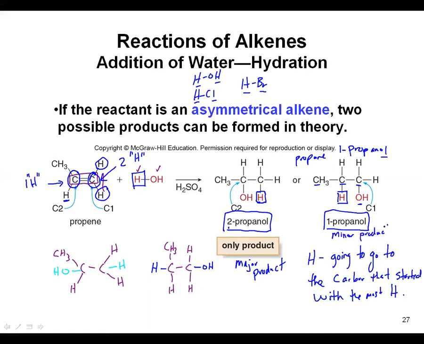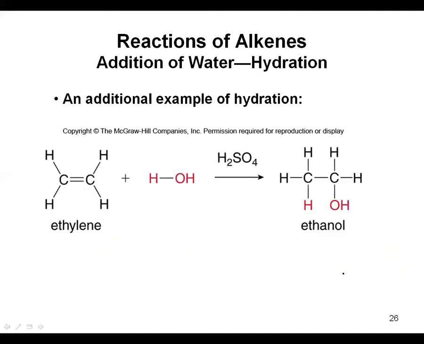Now, in certain cases, when you do this unsymmetrical addition, it does result in two possible products, a major and a minor product. And the major one is always the one where the hydrogen ends up on the carbon that had the most hydrogen. Now, if you look back at the one we did previously to this particular one, this carbon here has two hydrogens.